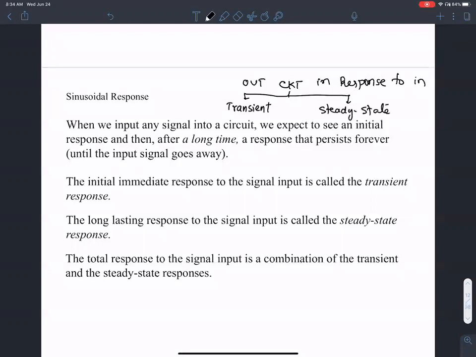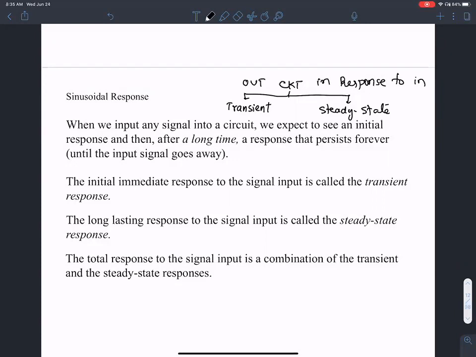The idea is there is an initial knee-jerk reaction that the circuit shows to any kind of input. That's called the transient. But if you continue to apply the same input and wait long enough, it's going to settle into some kind of rhythm, a more steady state response. That's called the steady state response.